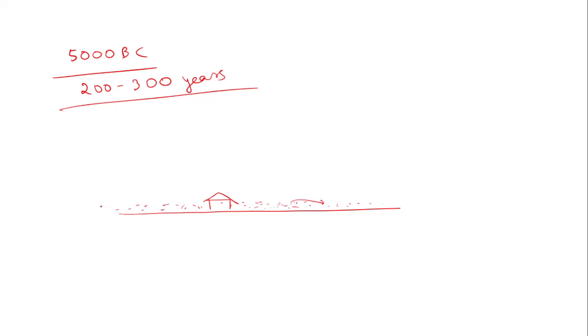Now, when new people come, the surface area is this one, not the old surface, because all this is now garbage or dirt or the archaeological remains of the people who lived at 5000 BC. Let's say now the year is 4500 BC.